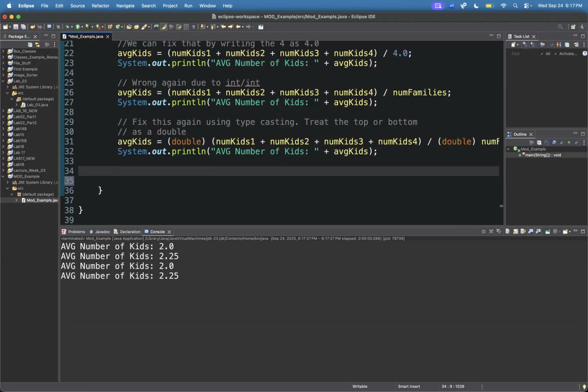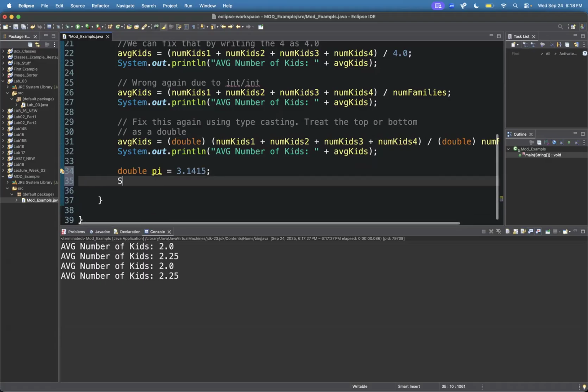So, for example, I'll say double pi, and we'll just say 3.1415. That's not exactly pi, but close enough for right now.